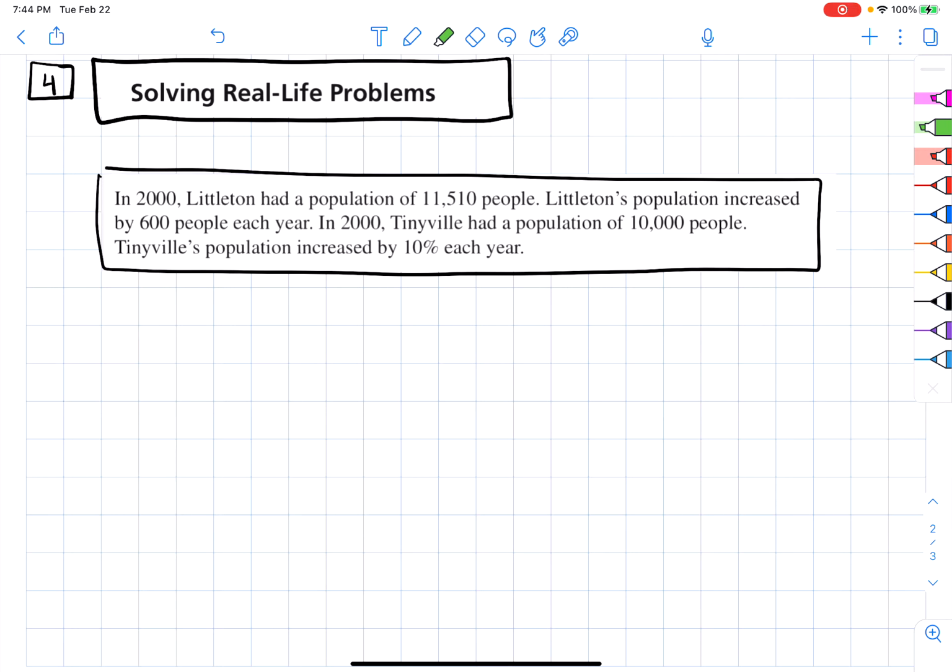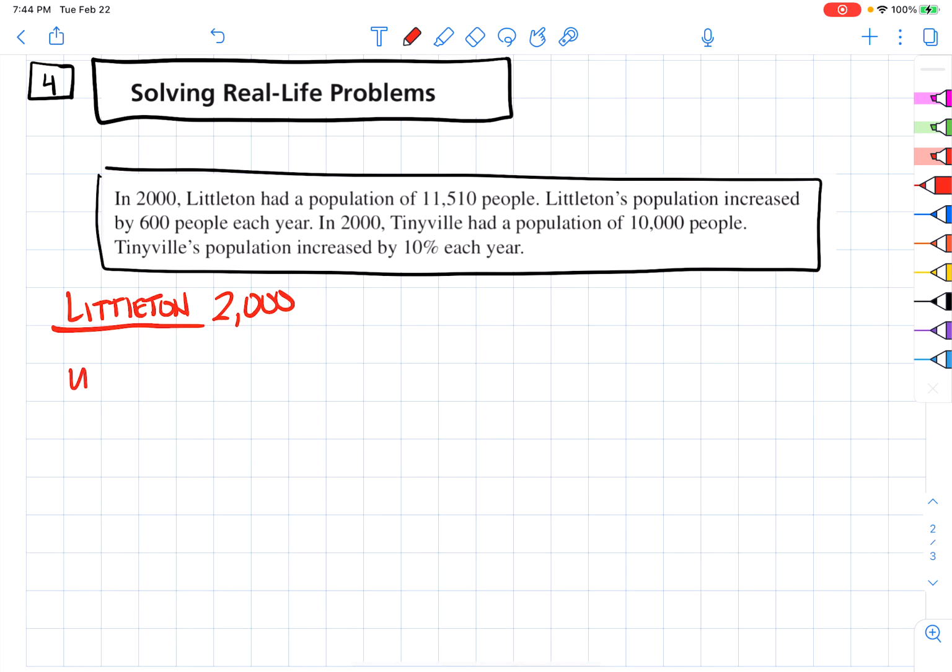Okay, so what we have is two separate towns. So let's talk about Littleton first. So it says, in the year 2000, the population is increasing by 600 and it had an initial population of 11,510.